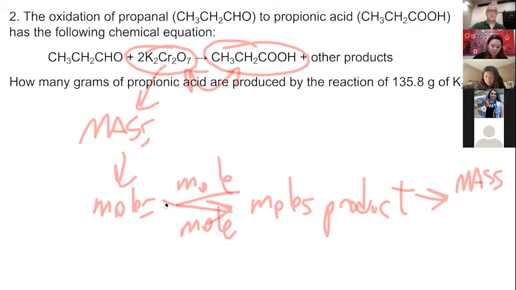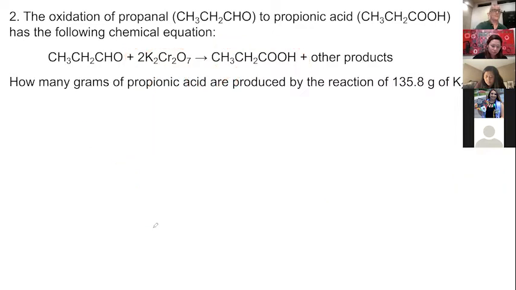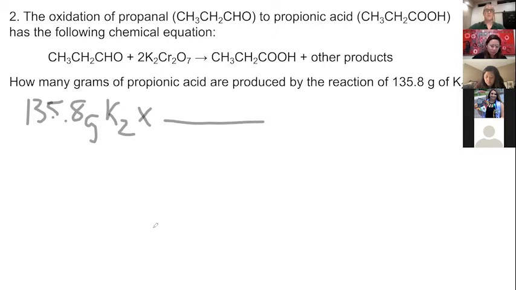So we start with the information we're given. And we're given 135.8 grams of the potassium salt. So the very first thing we do is convert that to moles.